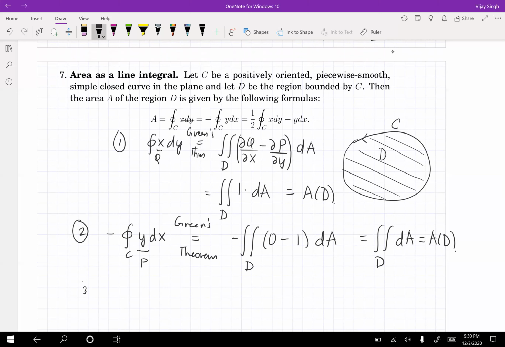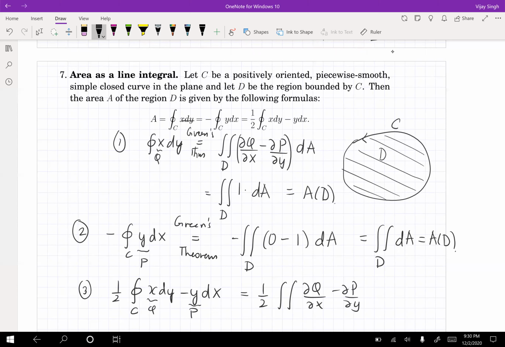Or if you take this integral, half of the line integral over curve C, x dy minus y dx, this is going to be half double integral. So in this case, your p, this is your q. So dou q by dou x minus dou p by dou y dA.